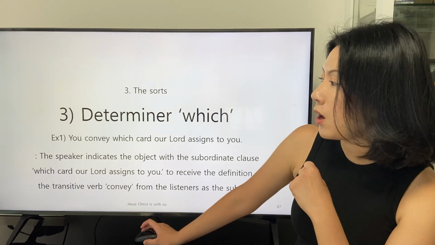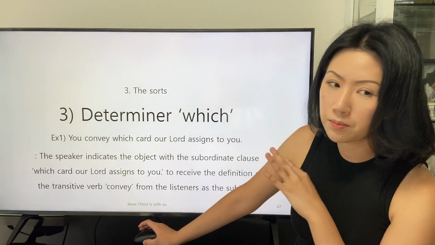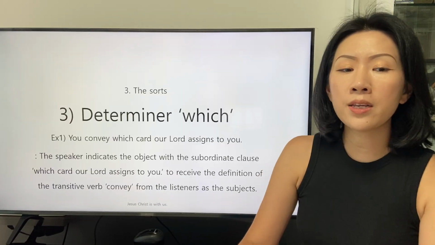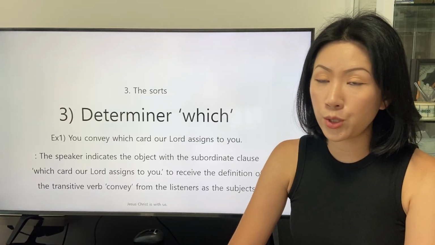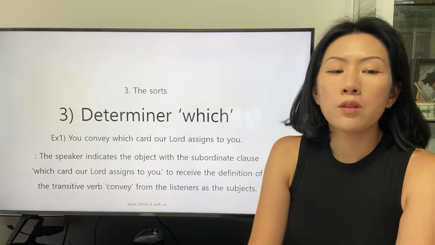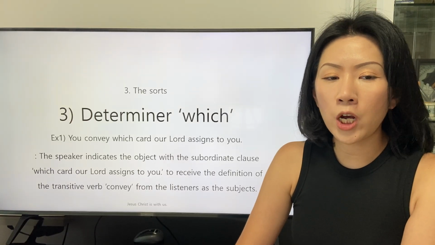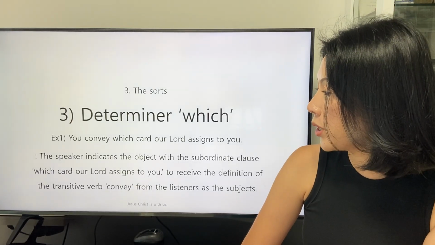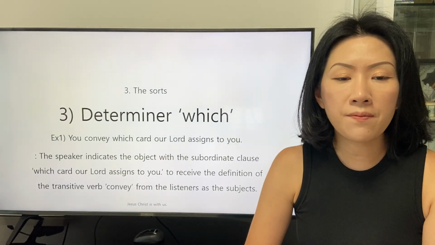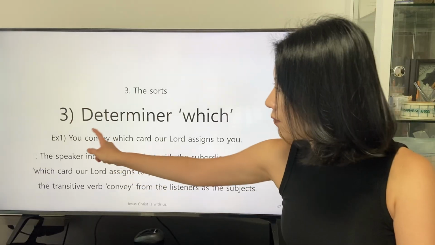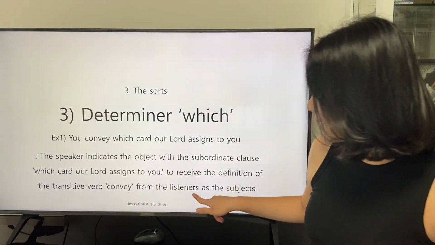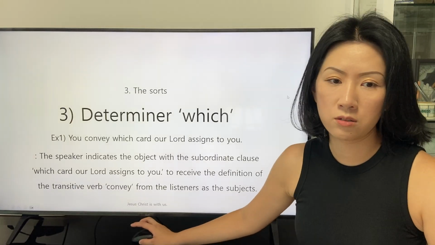Let's study from the first example one by one. The first example was that you conveyed which card our Lord assigns to you. The speaker indicates the object with the subordinate clause which card our Lord assigns to you, to receive the definition of the transitive verb convey from the listeners as the subject of the main clause.